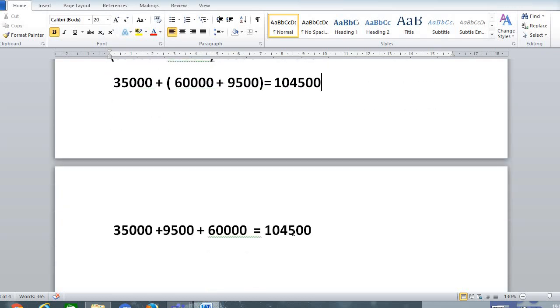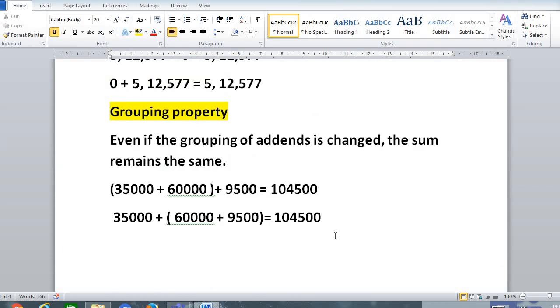And in the third option, first make a group of the first addend and the last one, the third one, and then add 60,000 with this. The result will be 1,04,500. So even if the grouping of addends is changed, the sum remains the same.